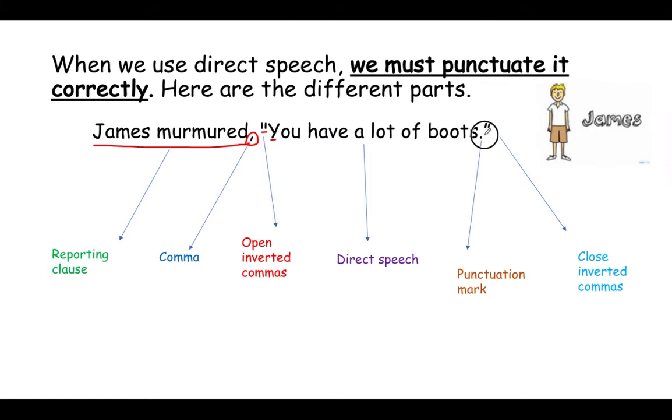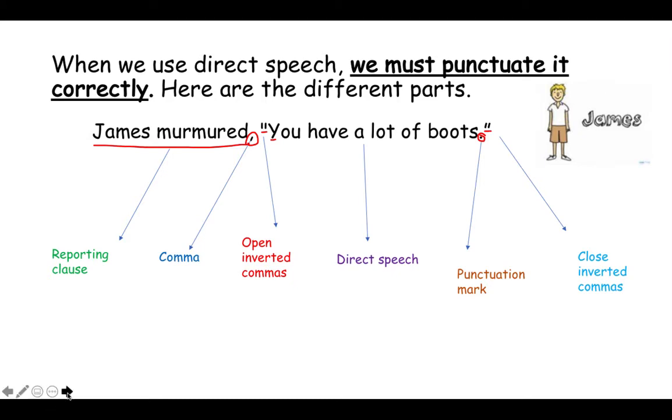And then we use our punctuation. Right in here is a full stop. And then we close our inverted commas. So remember: reporting clause, comma, open inverted commas, capital letter, direct speech, punctuation, and then close inverted commas.